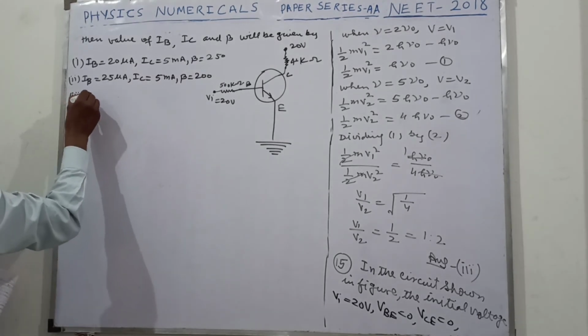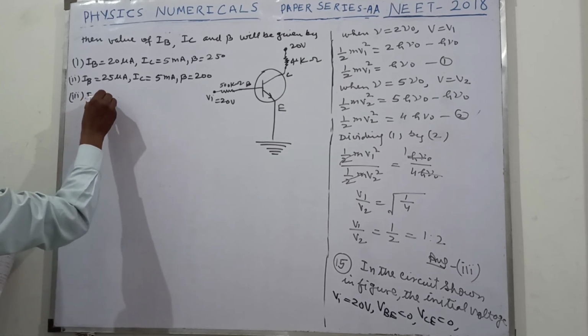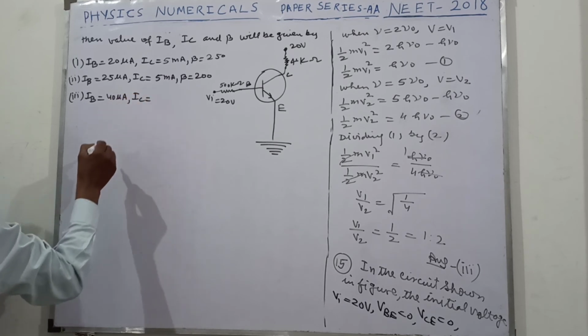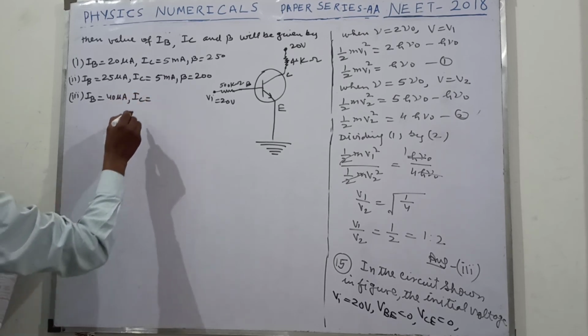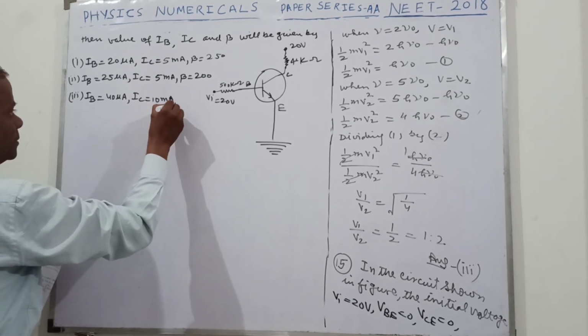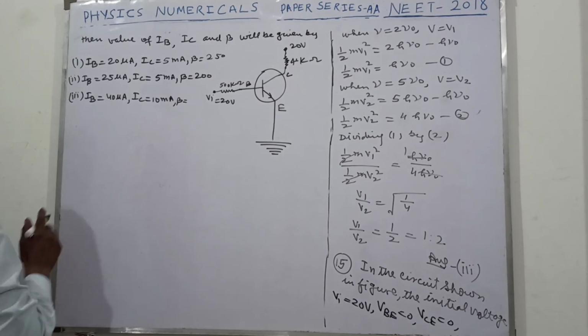This is third. IB equal to 40 microampere, IC equal to 10 milliampere, and beta equal to 250.